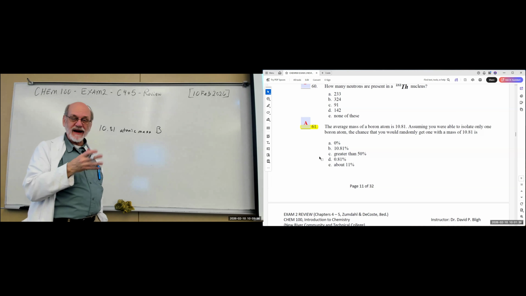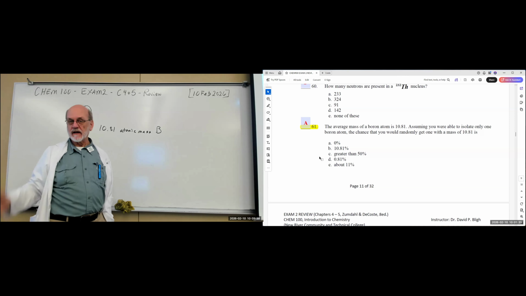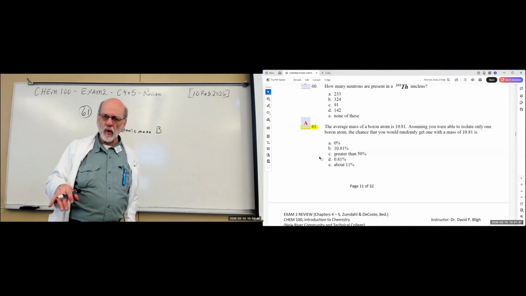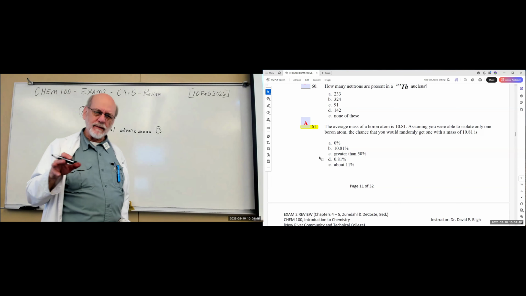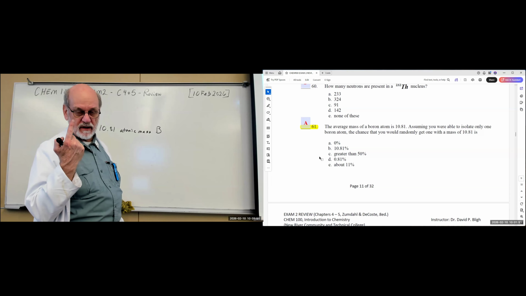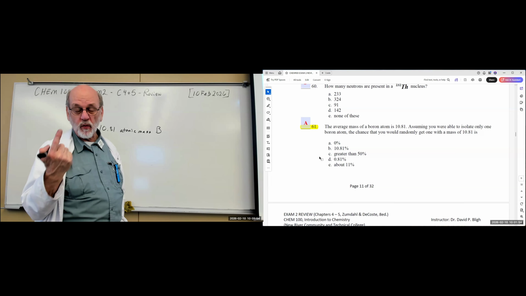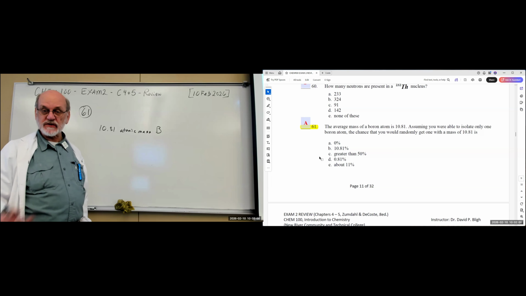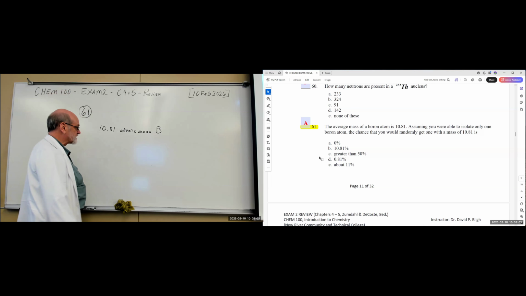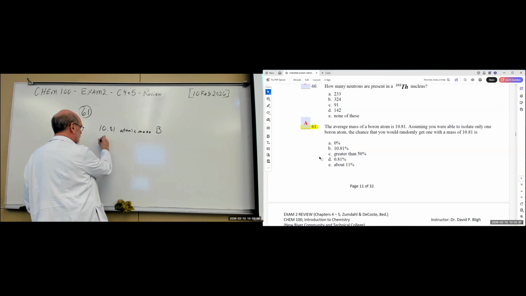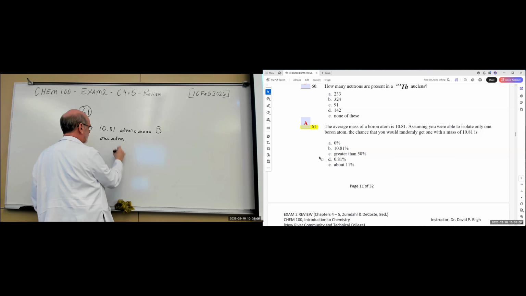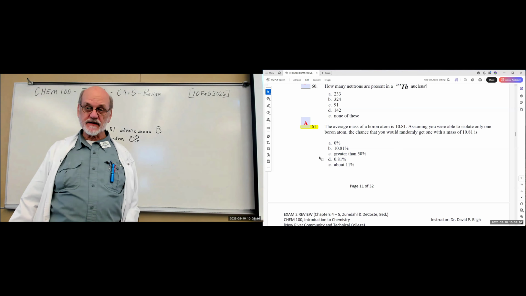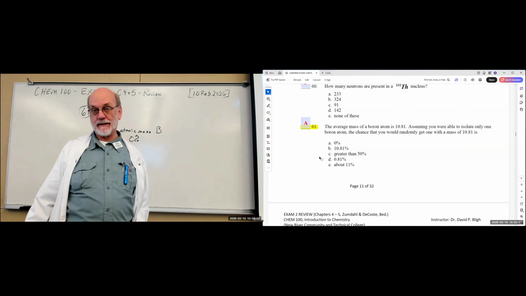That means that this is the weighted average of all the isotopes naturally occurring on Earth for boron. Assuming we were able to isolate only one boron atom, what's the chance that you would randomly get one with a mass of 10.81? In terms of percent, all the answers are in percent. The probability of getting one atom like this is 0%. This is a weighted average. This is not a representation of any single atom.